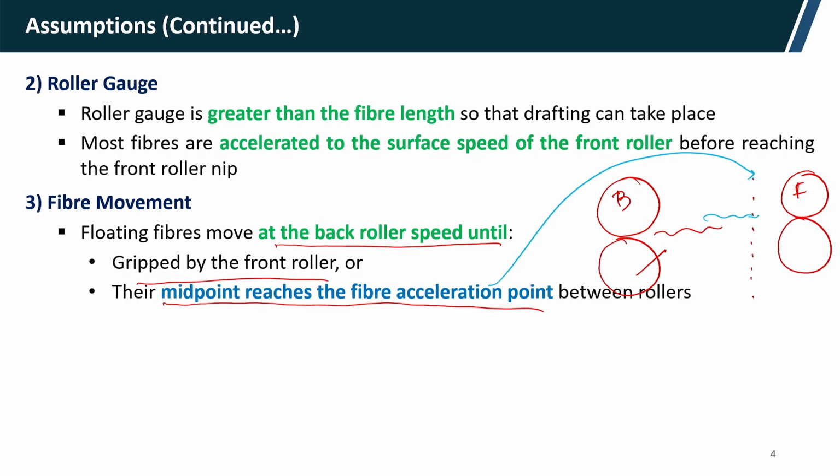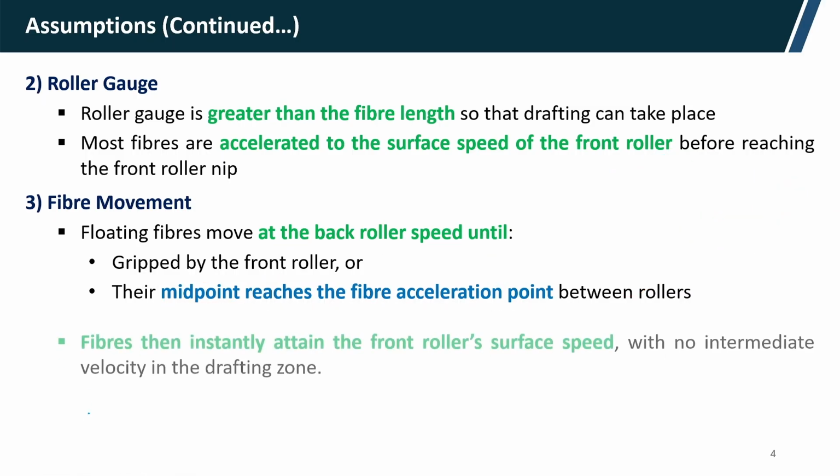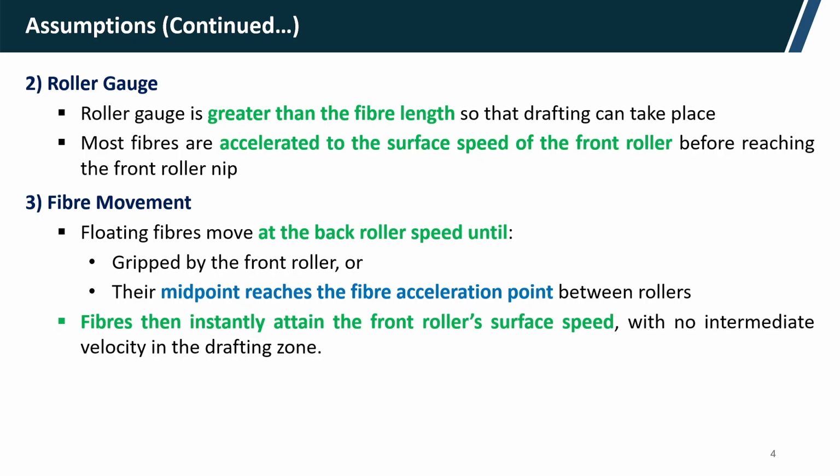Still it is moving at the back roller speed, but as soon as 50% of it crosses the midpoint, then even if it is not gripped by the front roller, it will start moving at the front roller speed. So, there will be an accelerating point, and fibers then instantaneously attain the speed of the front roller surface.